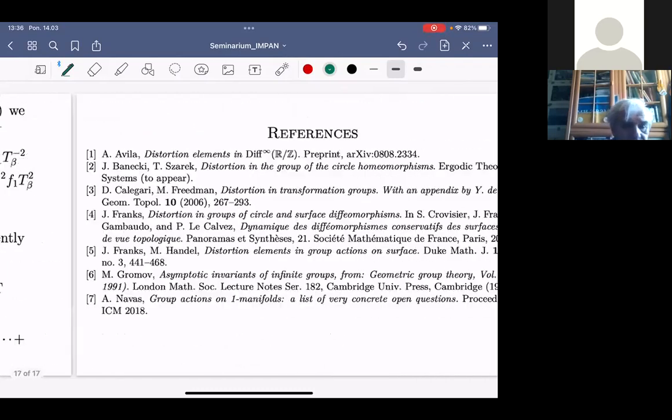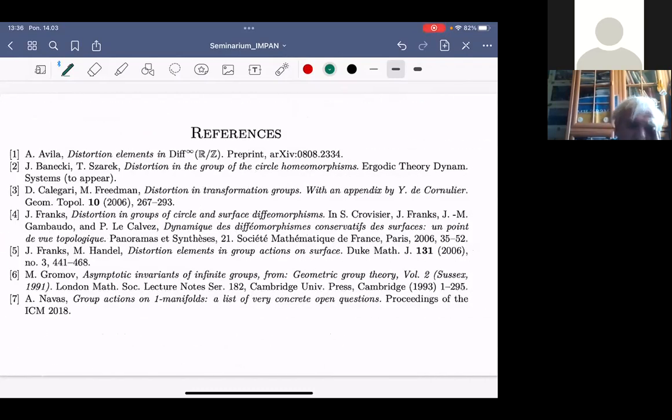I finish with some references I mentioned. So this is the paper by Avila, this paper by Calegari, Freedman, John Franks, and Michael Handel, where this question was asked for the first time, and the original paper by Gromov.